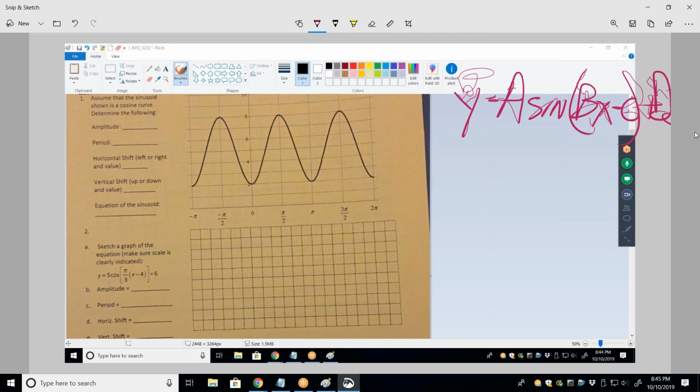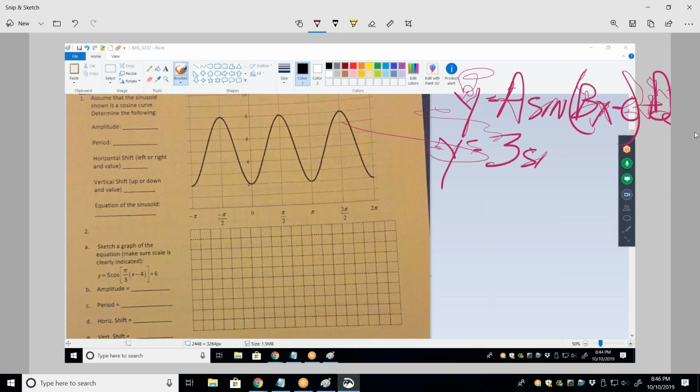Okay. First of all, we've already figured out the A, right? What was the A? A is the amplitude. Get the amplitude by the highest value minus the lowest value divided by 2. Okay?